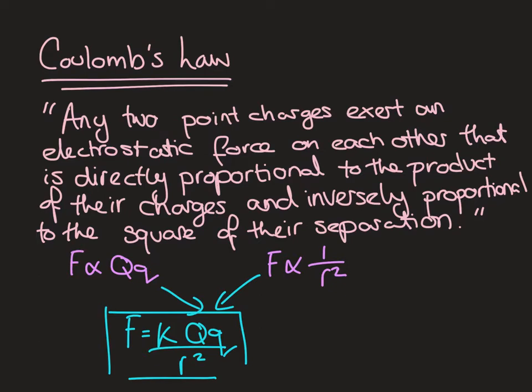So the force is proportional to the product of those charges, but also it's inversely proportional to the square of their separation, so r squared. Now when we put those two together, mathematically, we can say, right, F is equal to a constant multiplied by the product of the charges divided by r squared.